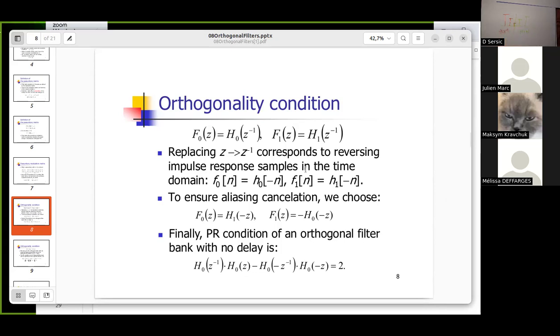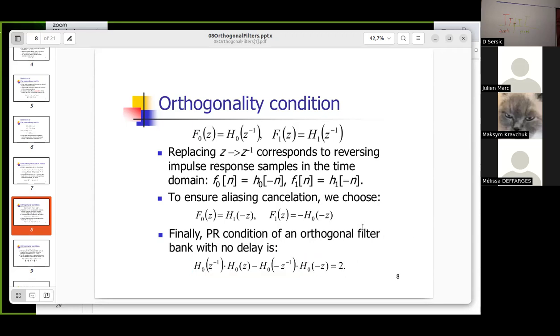We still have, of course, aliasing cancellation conditions. So something very similar goes on even for the lower branch in our filter bank. Altogether, our PR condition of an orthogonal filter bank with no delay looks like this.